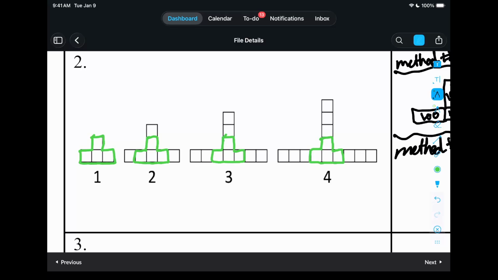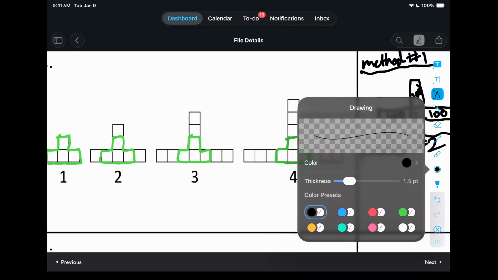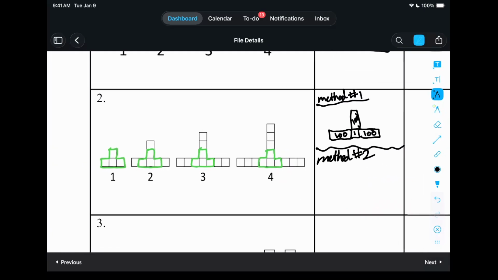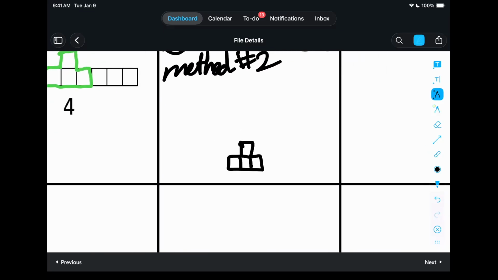So that's 4, right? So then if we do that for the 100th figure, we're going to have our boxes here, right?